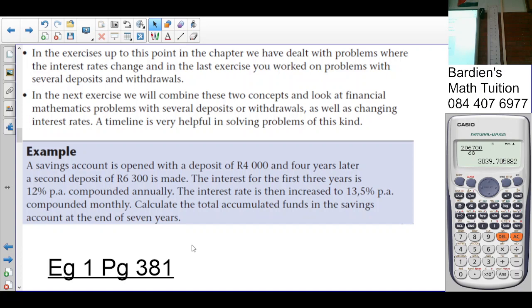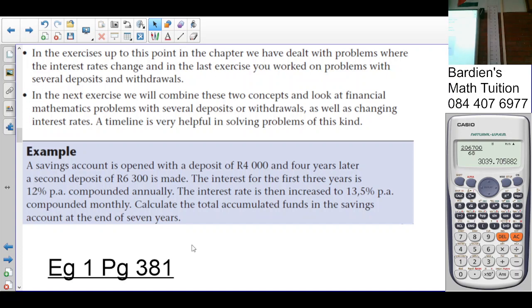In the next exercise, we will combine these two concepts and look at the financial mathematics problem with several deposits or withdrawals as well as changing interest rates. A timeline is very helpful in solving problems of this kind.